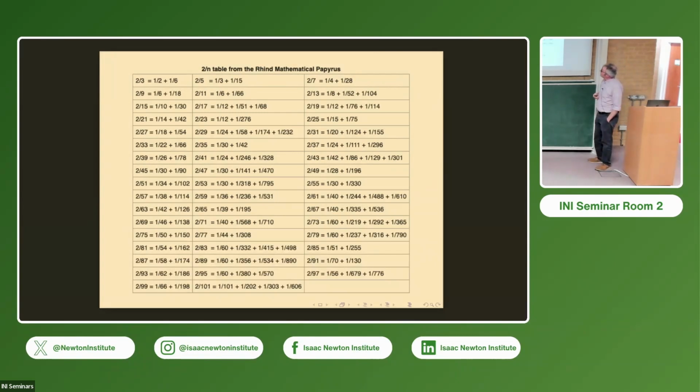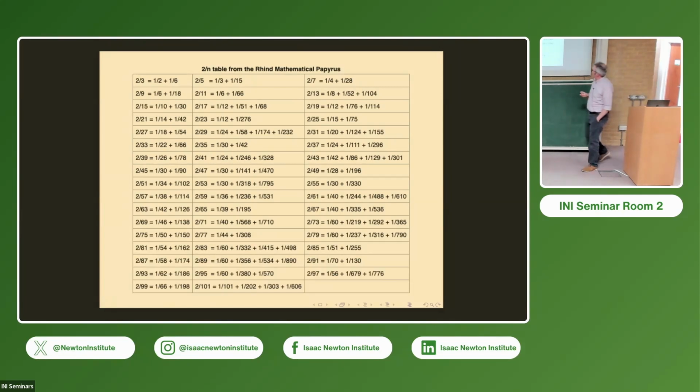And as I think I mentioned earlier, at least notationally, Egyptian scribes only used unit fractions, or almost only used unit fractions, which causes you a problem if you want to express something like 2/5. You can't write that down. There is no notation for that, so it has to be expressed in terms of unit fractions, and it's 1/3 plus 1/15. And so this table on the papyrus is a reference table for telling you how to do this.